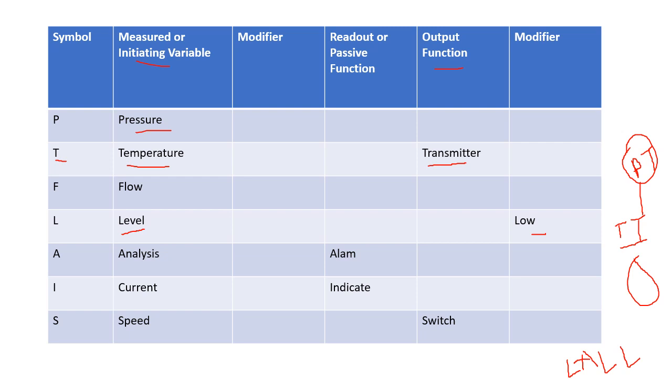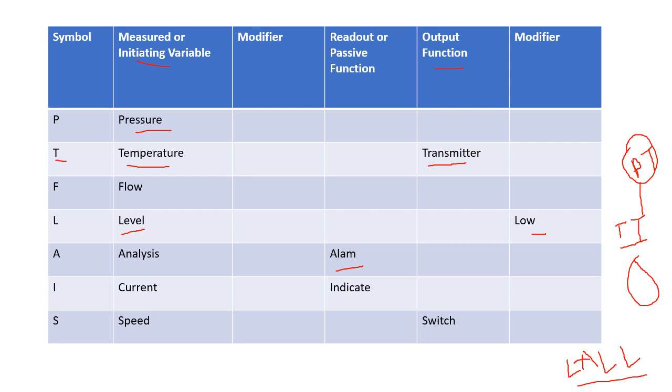The first L stands for level. When it is a passive or readout function, A stands for alarm, and then the next L signifies low, and the next L also signifies low. So LALL means level alarm low low.